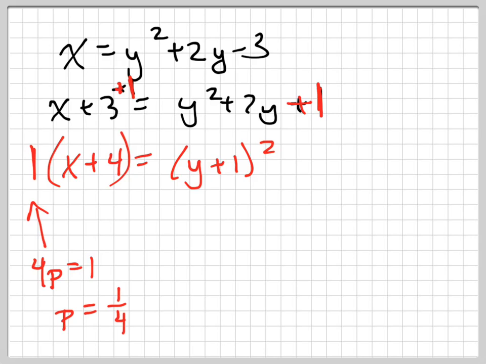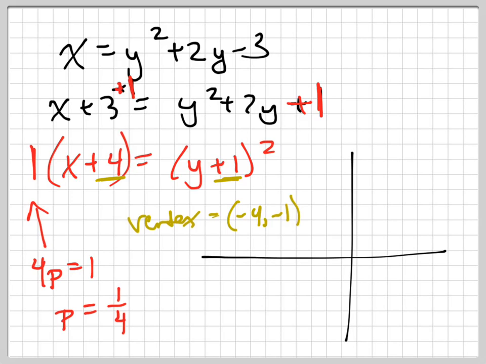So let's do the same thing as we did before. My vertex is equal to (-4, -1), just pulling those values right out. I like to draw the graph while I do this so that it's easier to see.